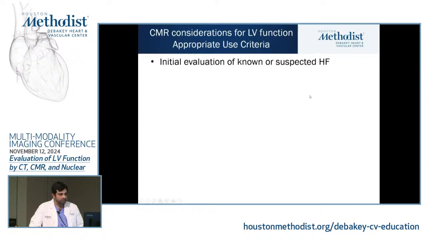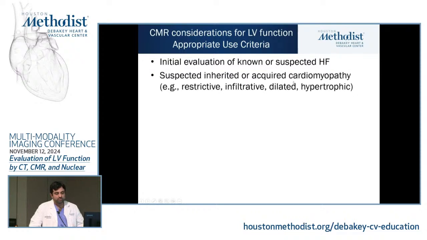So, things for you to consider using MRI for. Really, these days, almost anyone with a new diagnosis of heart failure, especially if you're uncertain about the etiology, or if there's no ischemic cardiomyopathy aspect to it, really deserves an MRI, and now there's a lot of data to support that.